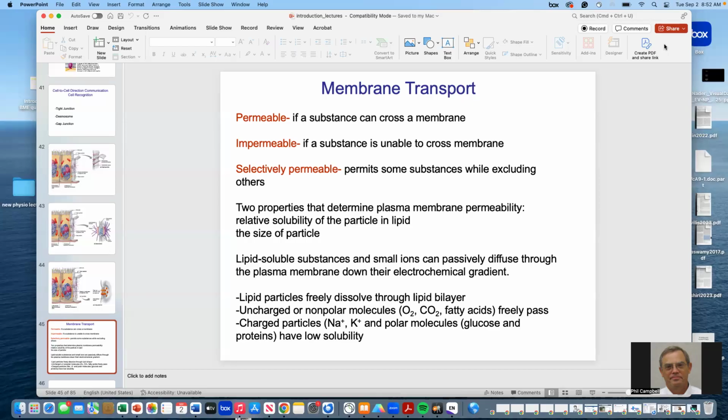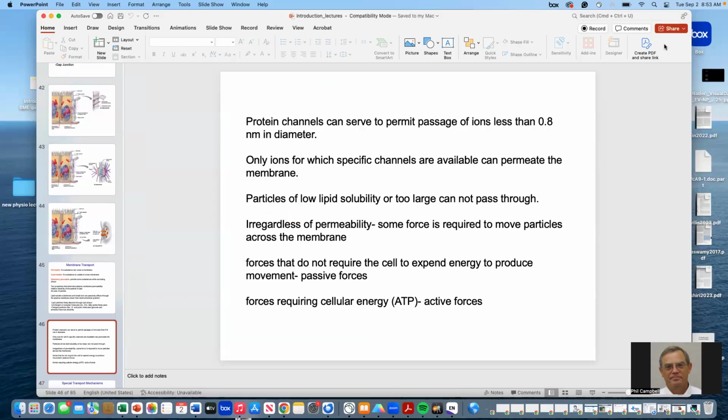So again, this is just bringing everything together in terms of membrane transport. Protein channels, these proteins that form channels, usually are very small things, facilitating the movement of sugars or charged particles and things like that.